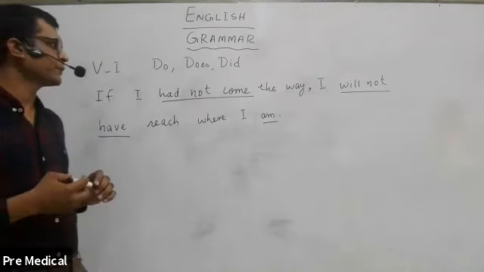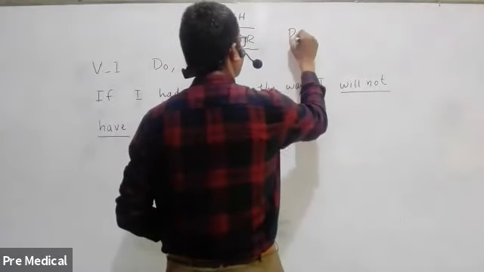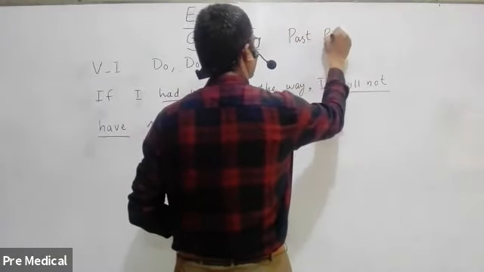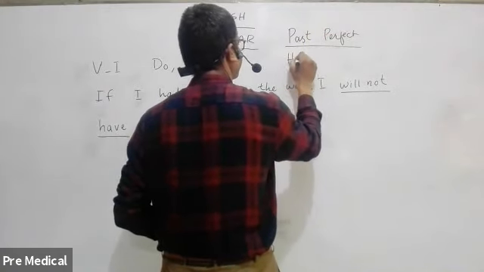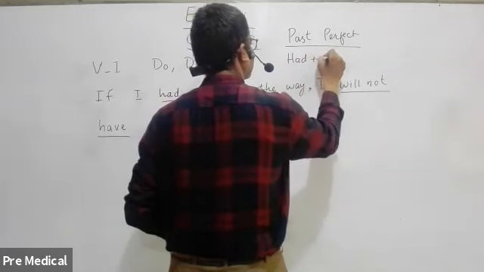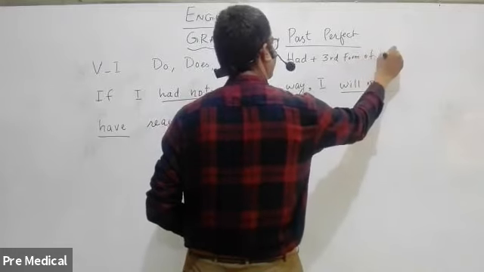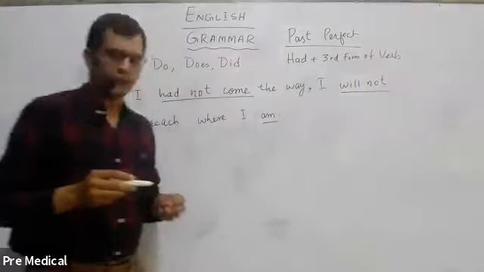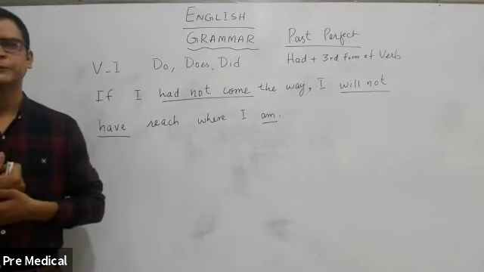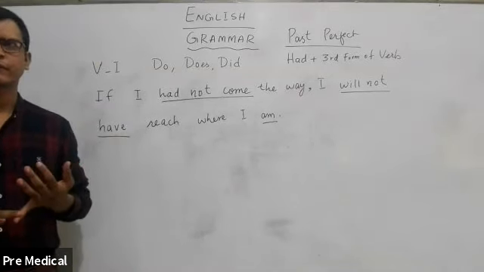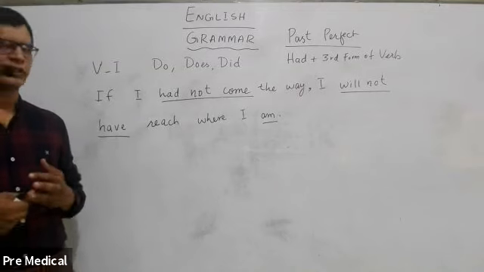It is because when we talk about past perfect, we use had plus third form of verb. You need to keep in view that when you are talking about past perfect, it should have had as a helping verb or auxiliary verb, and then it should have the third form of a verb.